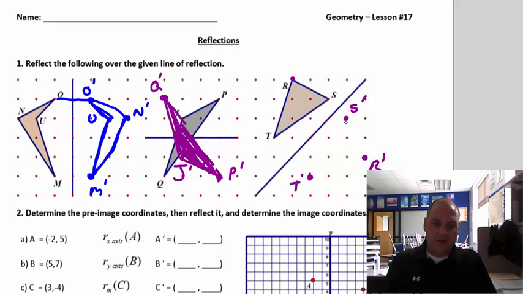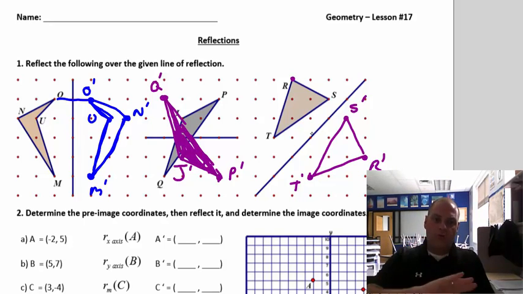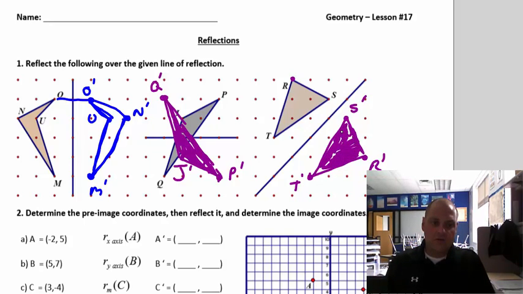We're just going to connect those. And there we go. See how it's flipped over? We flipped over that line of reflection. We can color it in if we want to. Nice and purpley.